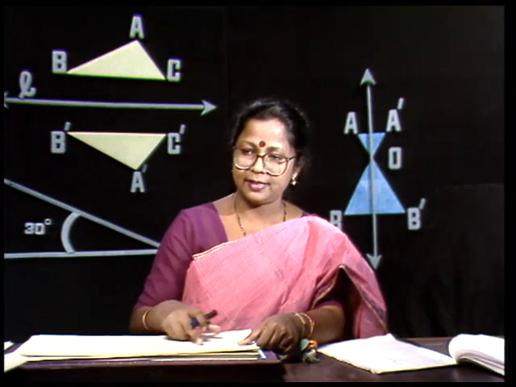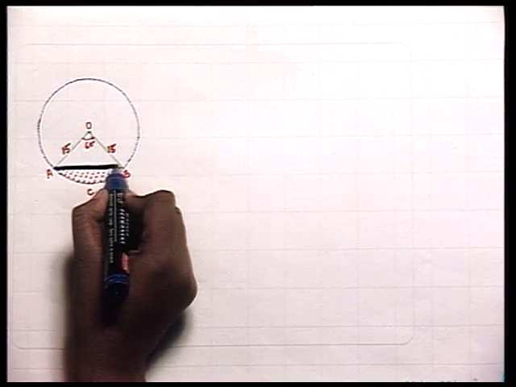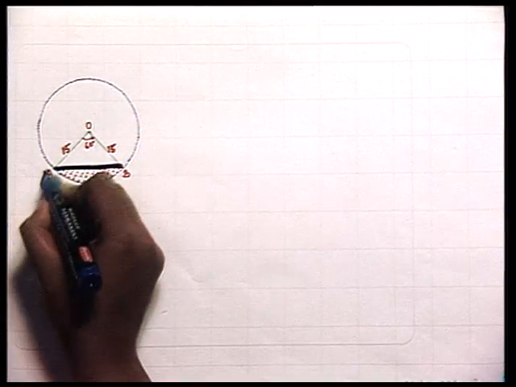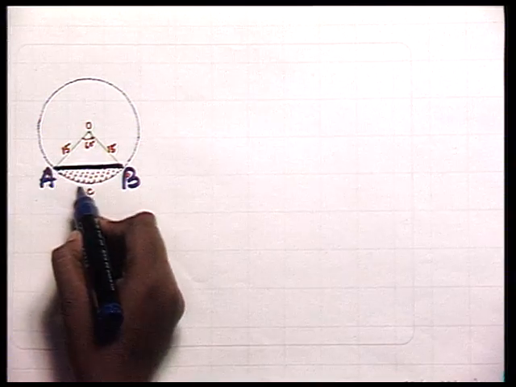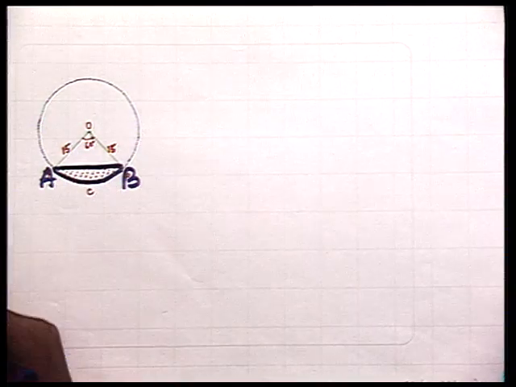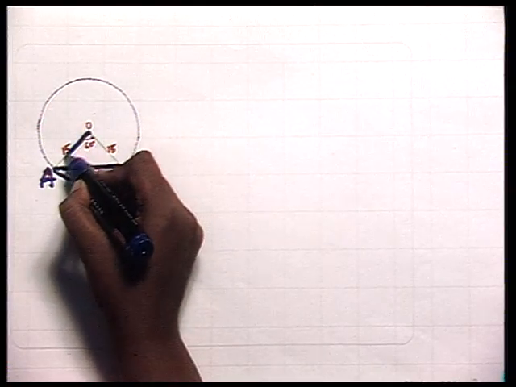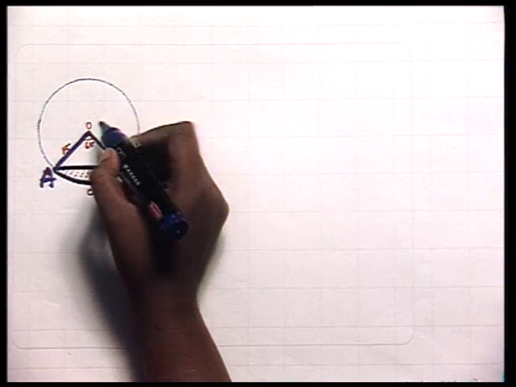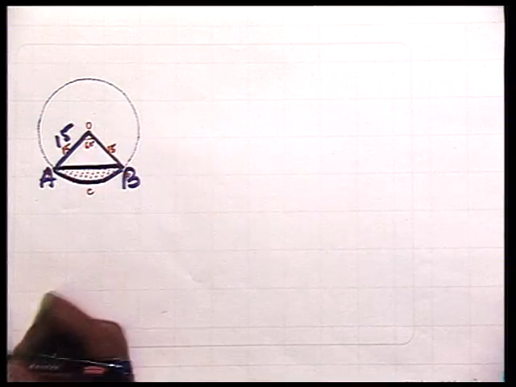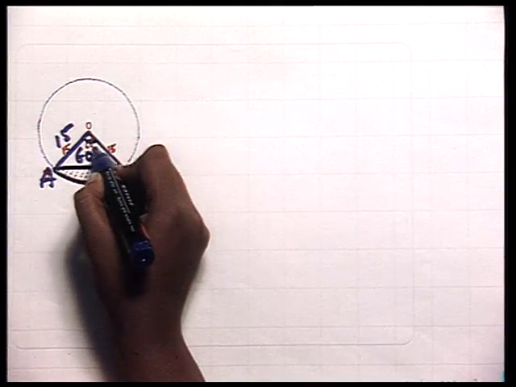So, suppose this is the circle and this is the chord AB. We have to find out the area of the segment ACB. Again, we follow the same rule. We join OA and OB. The radius of the circle is given to be 15 centimeter and the angle made at the center is 60 degree.